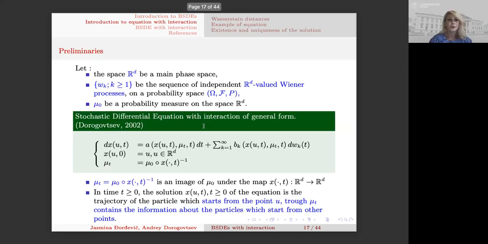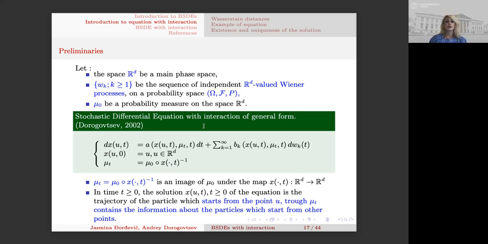Okay. So in the second part of my talk, I will say a few words about equations with interaction in general. First, about notation, let us suppose that we have the main phase space R^d, then a sequence of R^d-valued Brownian processes, and a measure mu0.